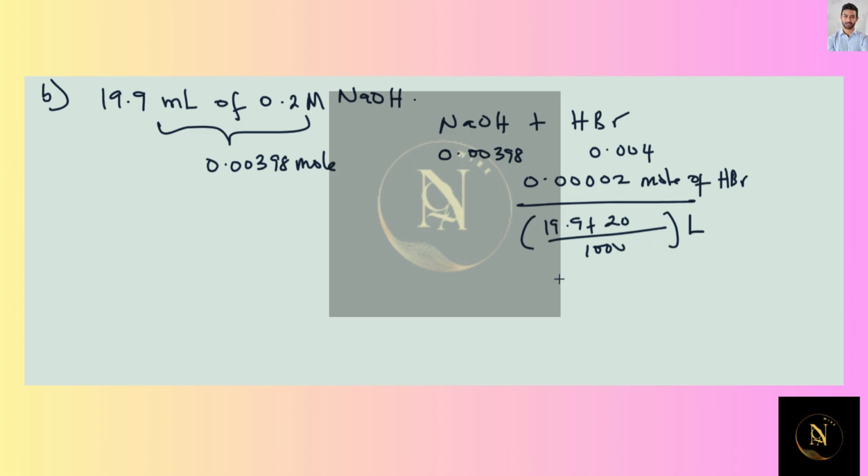And that will be 0.0005 molar. So that's the concentration of HBr. So pH will be the negative log of this. So pH is 2.3.